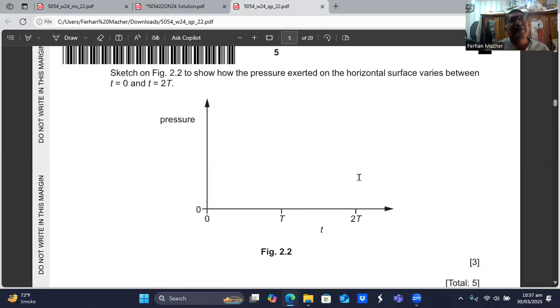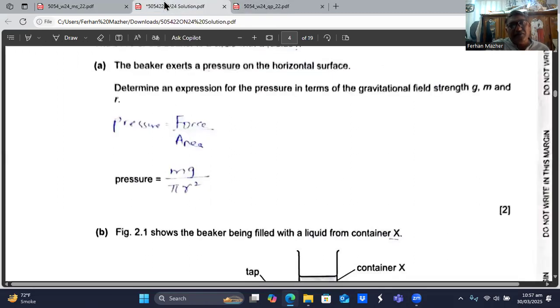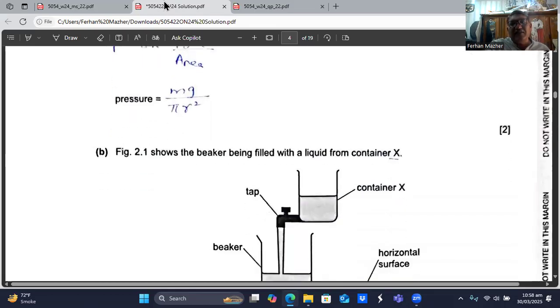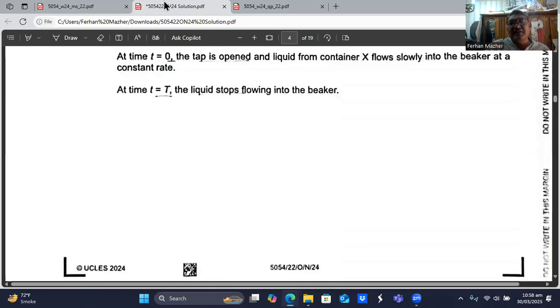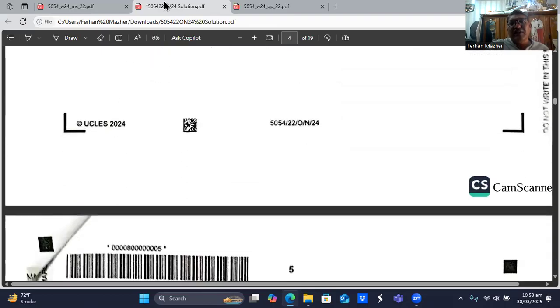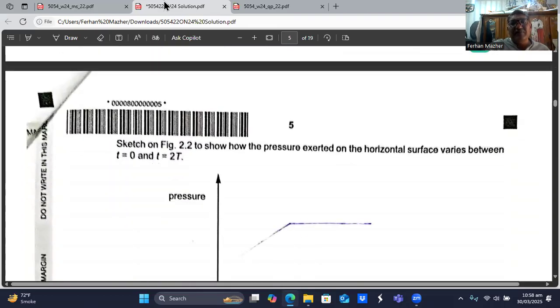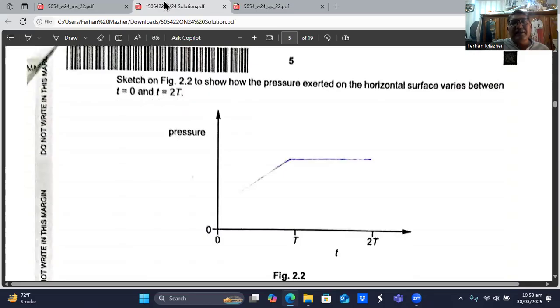And as the mass of the water in the beaker increases, the pressure on the table surface will also increase. So I think they are kind of directly proportional. But when there is no water, there will still be some pressure due to the weight of the empty beaker.